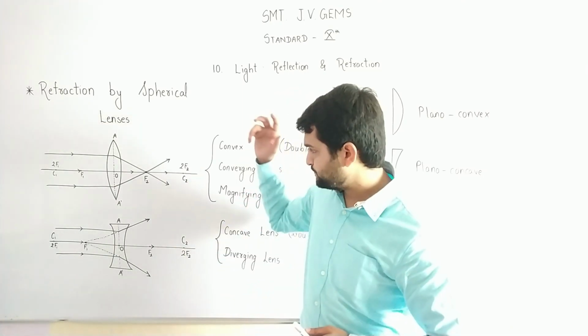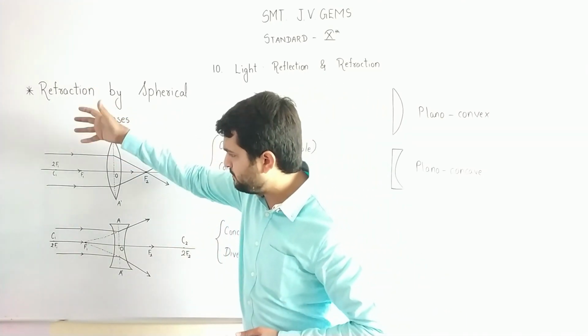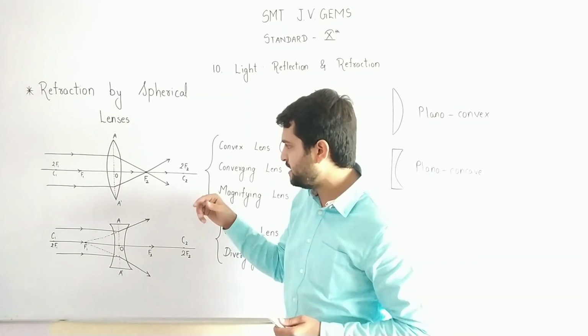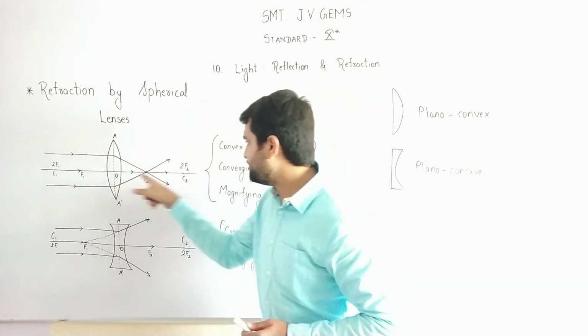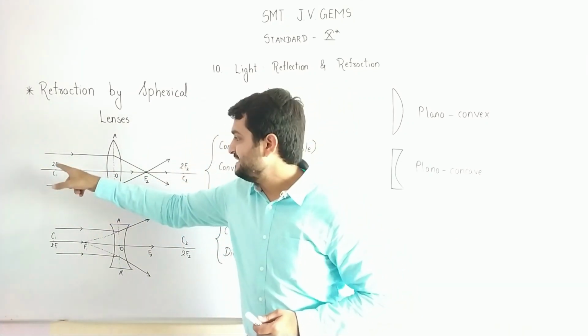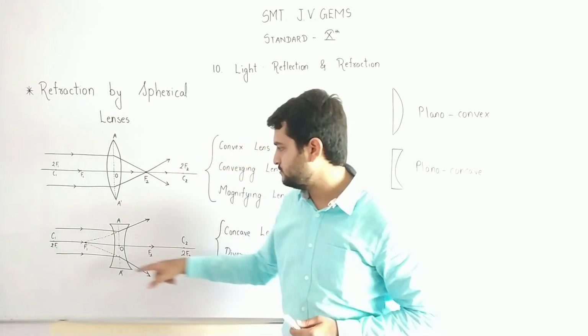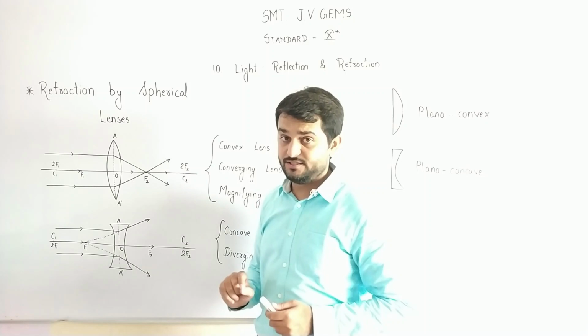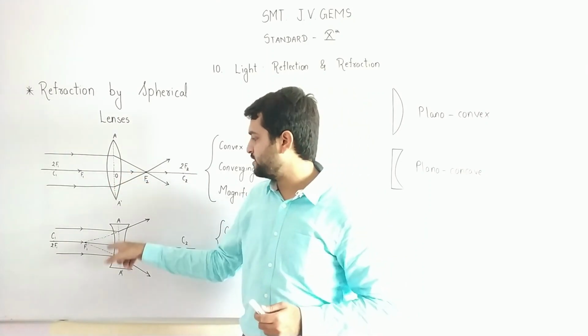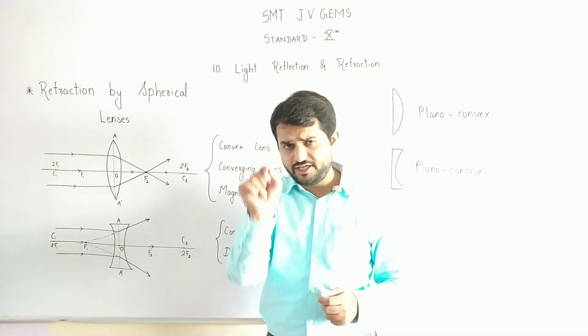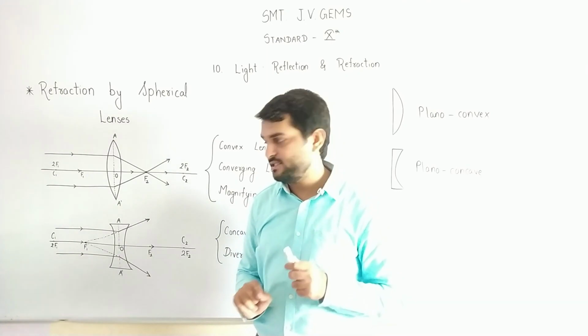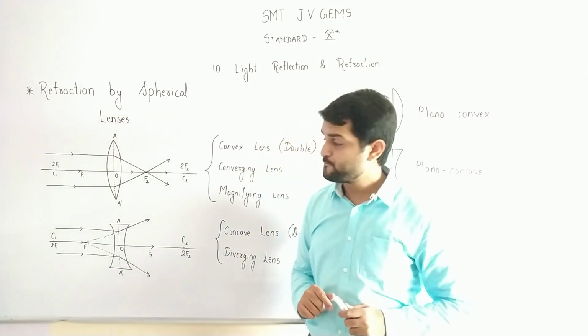The line joining the two centers of curvature is called the principal axis. Here also, from C1 to C2, that is the principal axis. The central portion of the lenses is indicated by O, and that is the optical center.